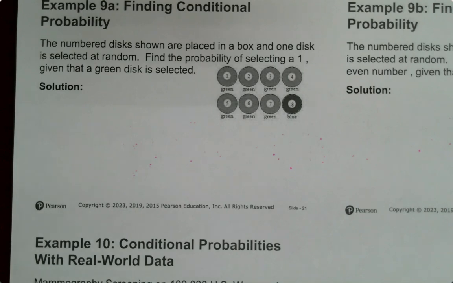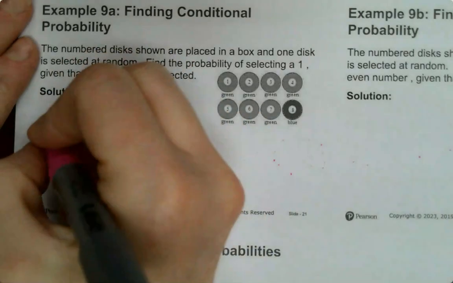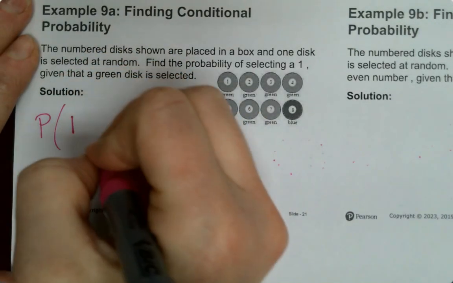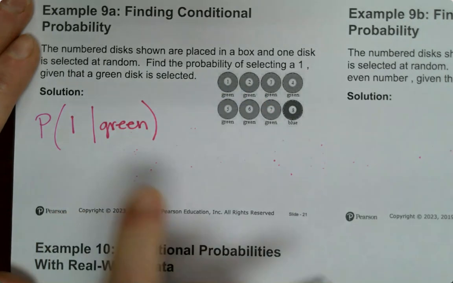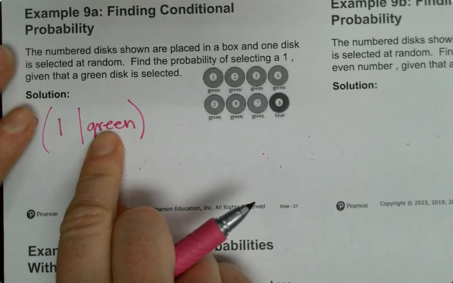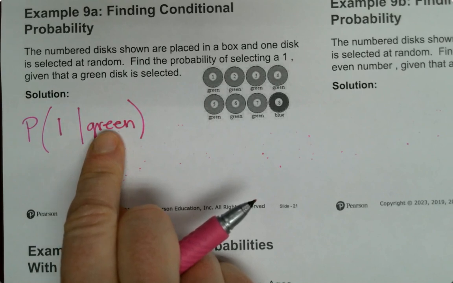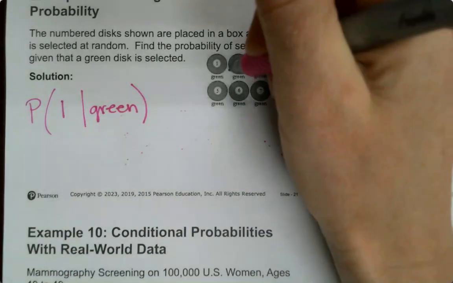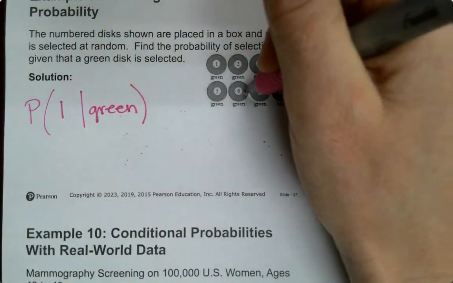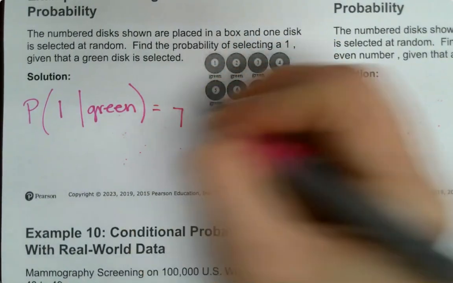The number of discs shown are placed in a box, and one disc is selected at random. Find the probability of selecting a 1 given that a green disc has already been selected. Find the probability of 1 given green. So you only choose from green. So how many greens are there? 1, 2, 3, 4, 5, 6, 7. 7 total greens.